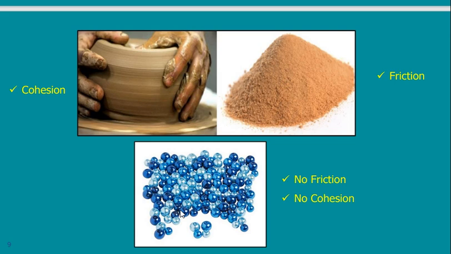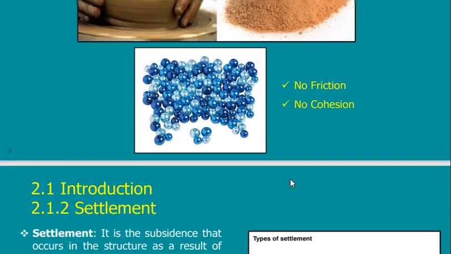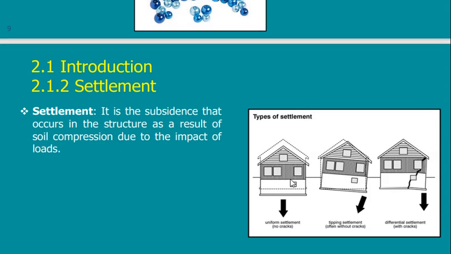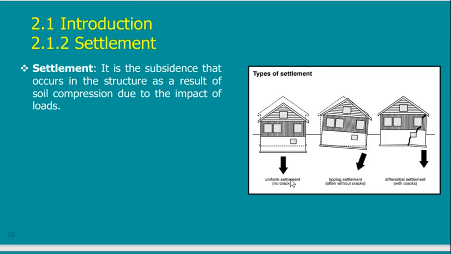It's either material bond or maybe by electric charges, positive and negative, like in clay. In clay, the cohesion is because of these charges. So this ends our understanding of cohesion and friction.